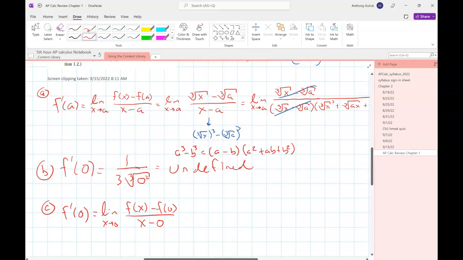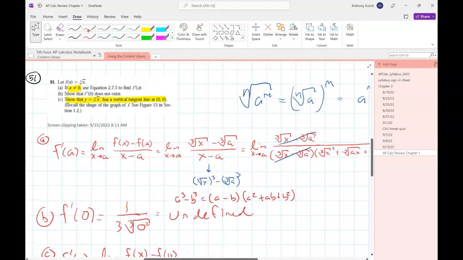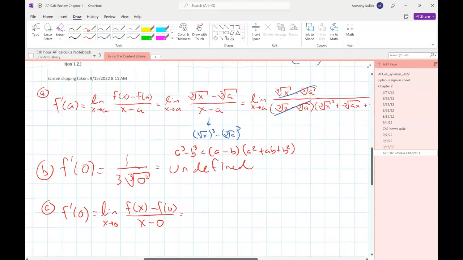Is that so far so good? And I guess we could do it from the left or the right also. It doesn't really matter. It says it wants to show that this has a vertical tangent line, so I'm showing that the slope is going to be undefined. Is it the same thing?